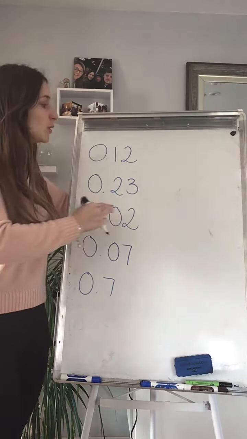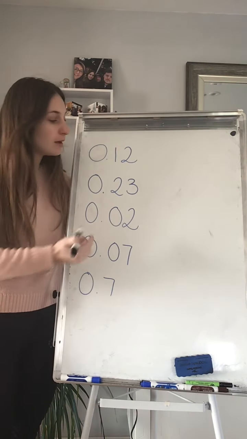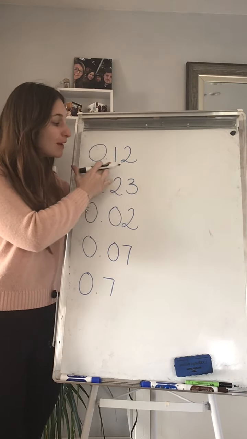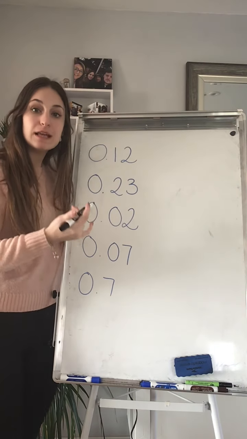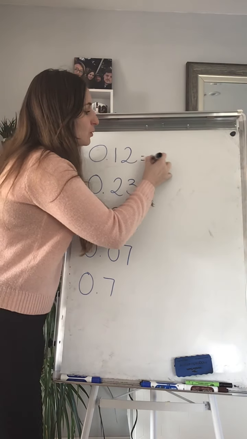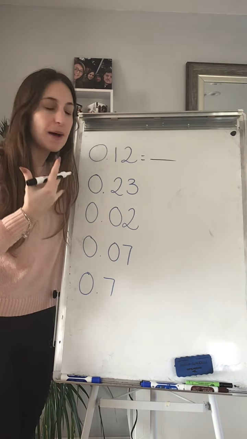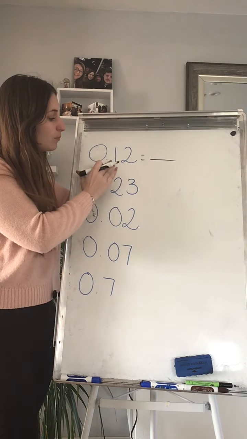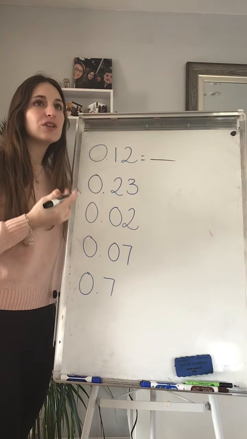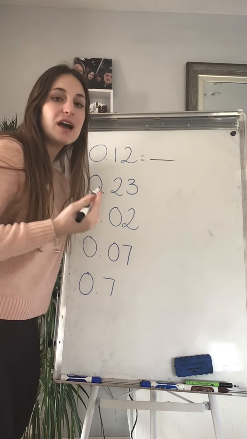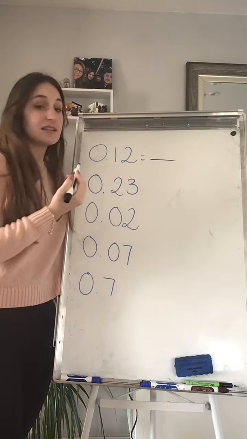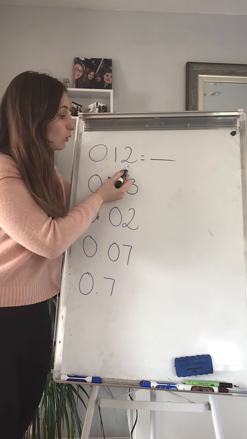So yesterday we were looking at decimal numbers with 1 and 2 decimal places, and we were turning them into fractions, yeah? So we were seeing the equivalent fractions. I have 0.12, and we saw that it's really easy if I just read that number as 0.12 what?